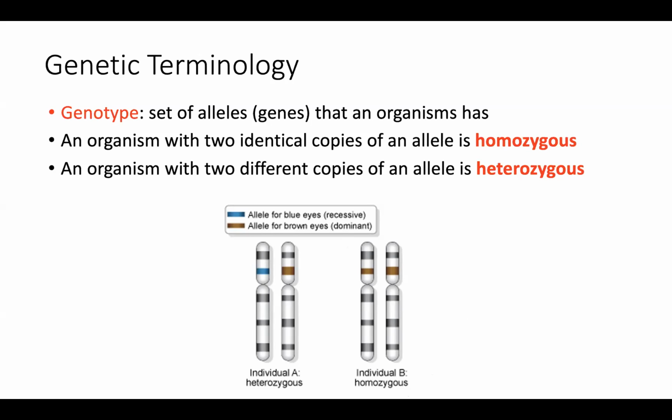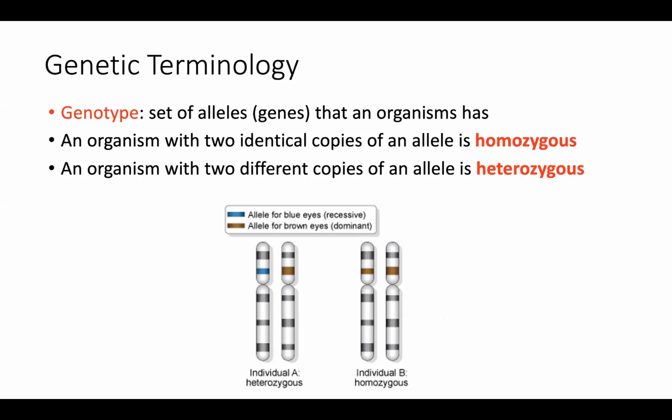So what is the possible eye color for individual B, just based on this schematic here? What's the probable eye color for individual B? Brown. How do you figure that? Why did you say brown?